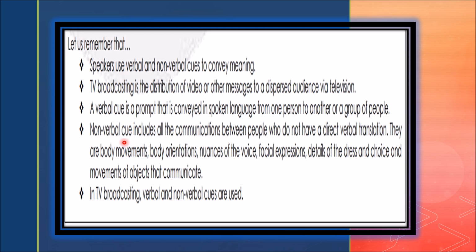Then the nonverbal cue includes all the communications between people who do not have direct verbal translation. They are body movements, body orientation, nuances of the voice, facial expressions, details of the dress and choice and movements of objects that communicate. In TV broadcasting, verbal and nonverbal cues are used. So let's remember that.